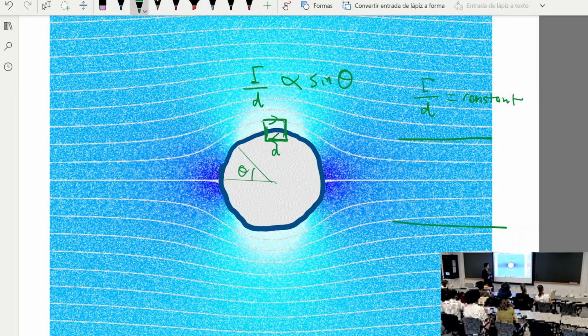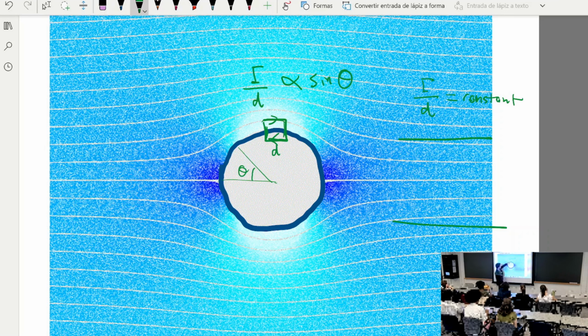And then from the distribution of vorticity, we can know the velocity. In the case of a solid body it is very clear, because inside the solid body the velocity is zero. Just outside of the body the velocity is basically zero plus exactly this gamma over d.